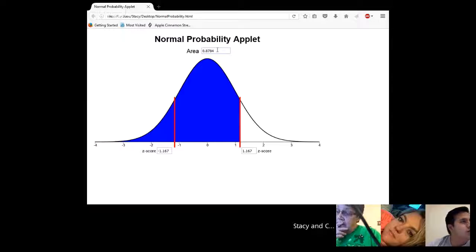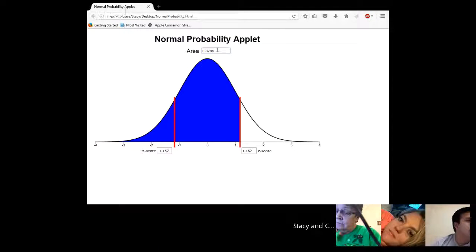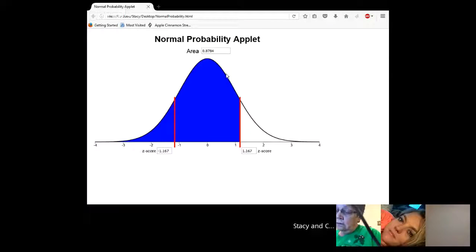So awesome. Okay. D, what is the probability that a randomly selected particle has a speed that is less than 1,500 meters per second? Well, you still get the z-score, so we have to find the z-score, which is 0.5.